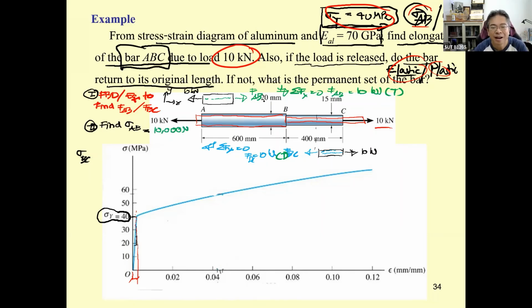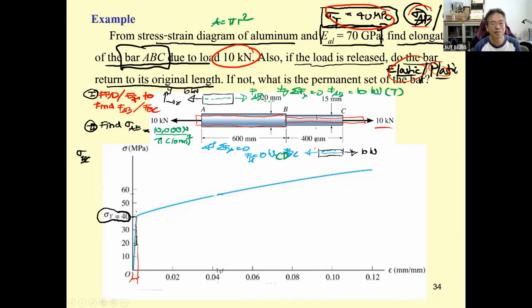The diameter of AB is 20 millimeter, so you may use A equal to pi r squared. If I like, I use this 10 millimeter squared in order to determine sigma sub AB.